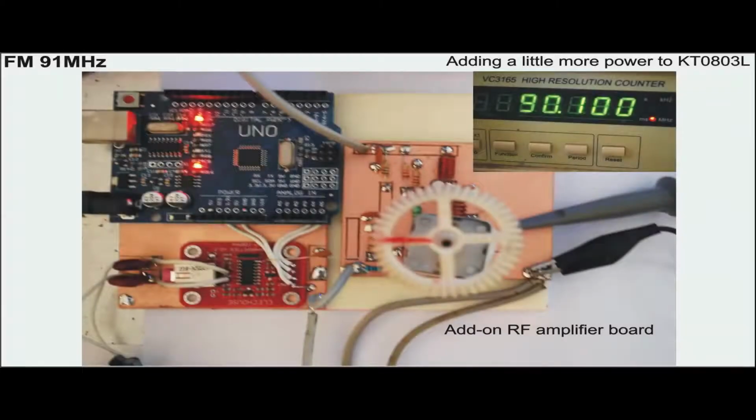Preliminary test confirms that the small RF amplifier is working properly and it is outputting 90.1 MHz. So let's sweep the RF amplifier to maximize power output and minimize the harmonics.